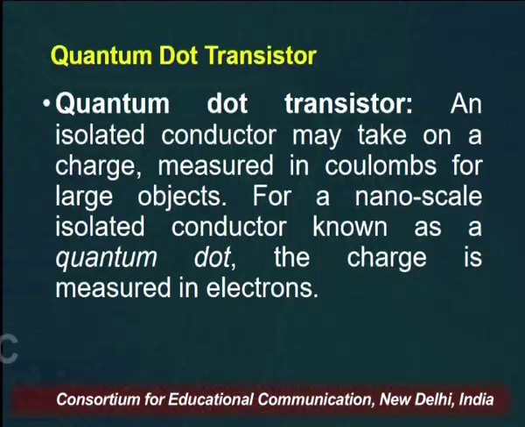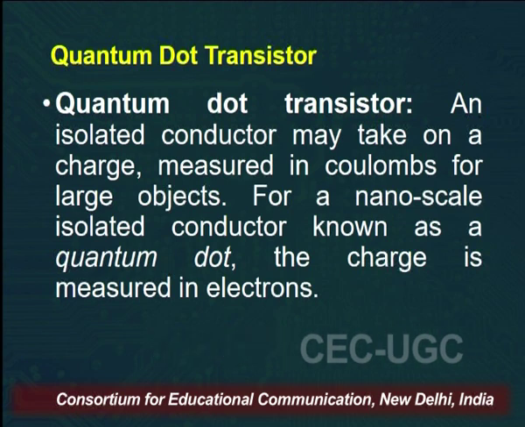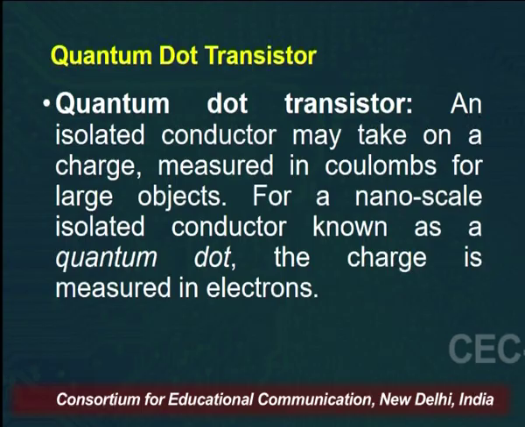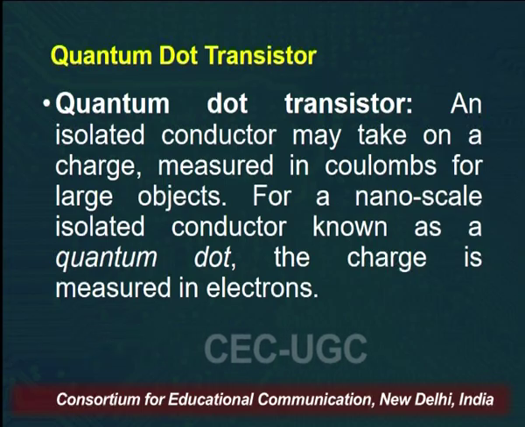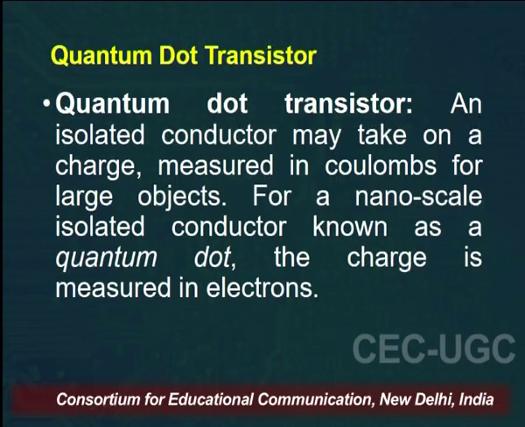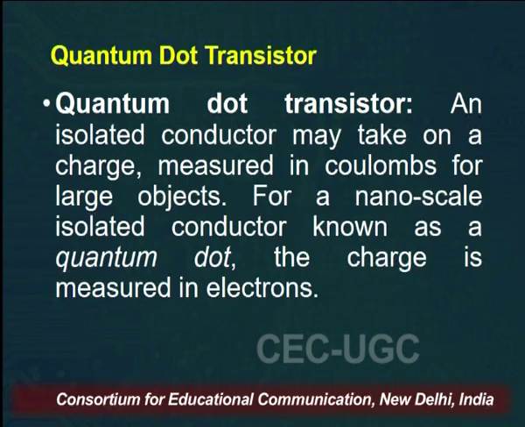In a quantum dot transistor, an isolated conductor may take on a charge, measured in coulombs for a large object. For a nanoscale isolated conductor, known as a quantum dot, whenever we talk about nanoscale detection, we use a quantum dot.